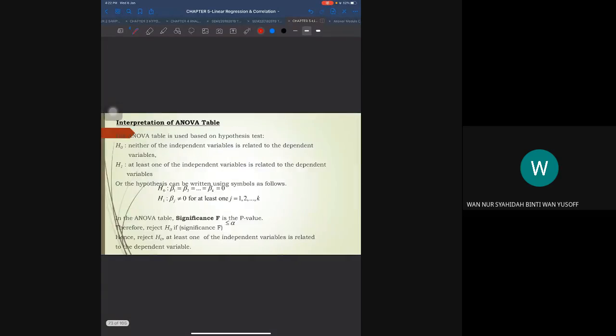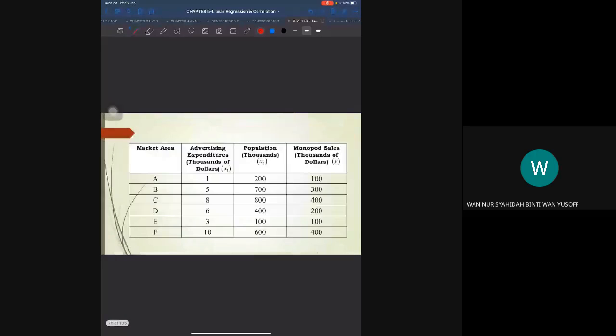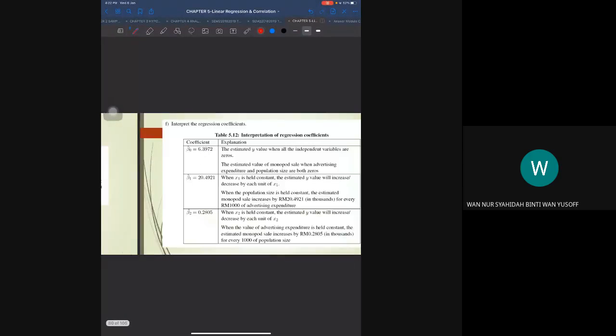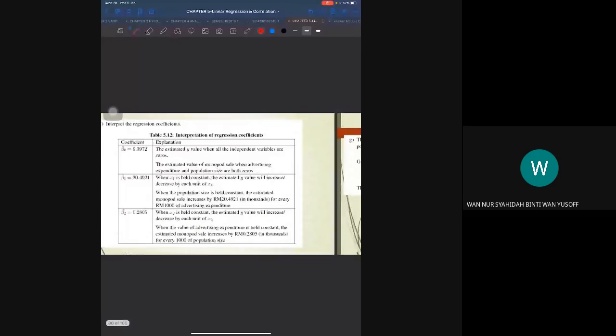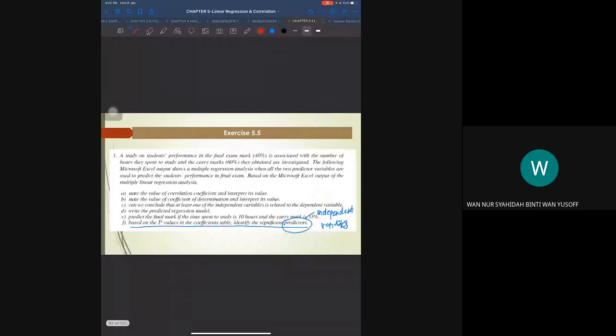The rest you can read, but I need to discuss one thing from here. Exercise 5.5, A and B, you can do on your own.